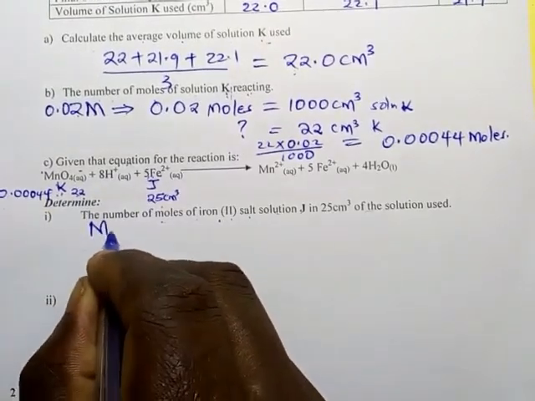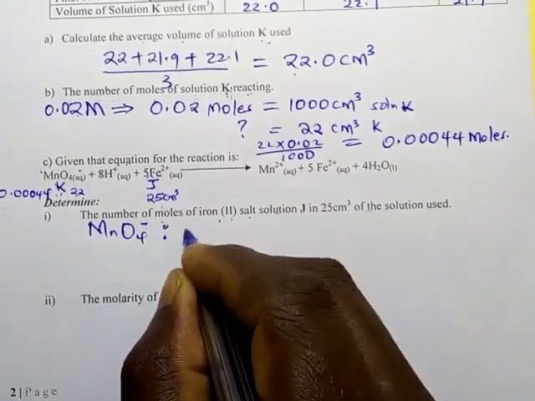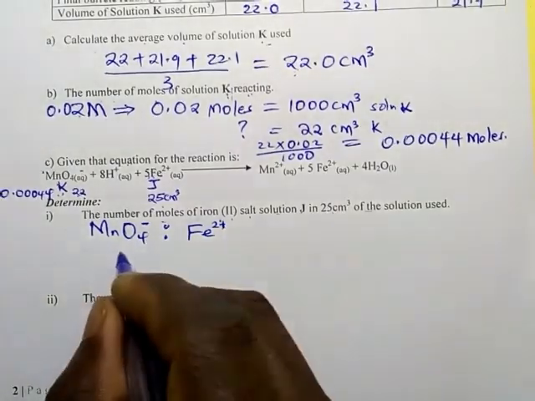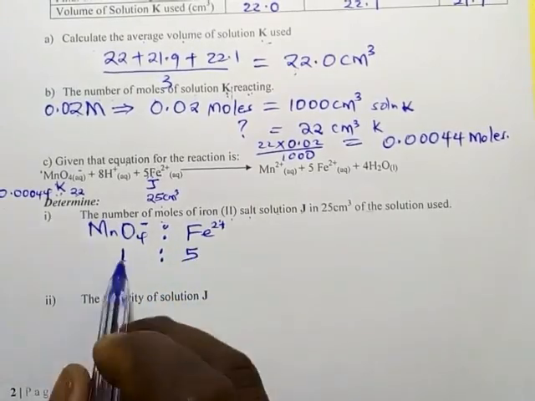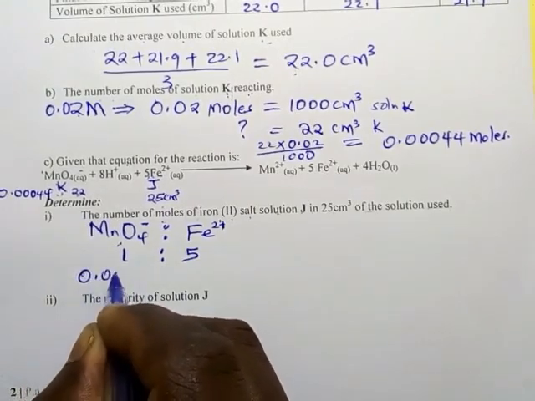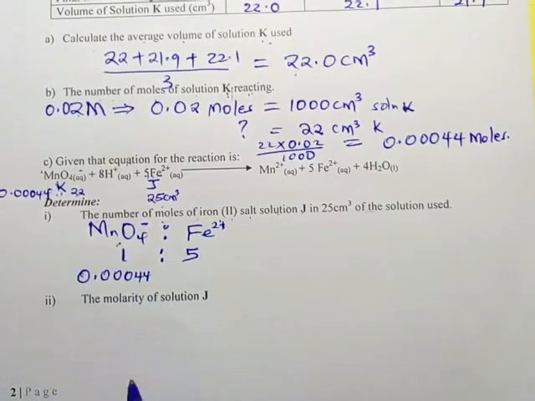So the manganate ion to the iron ion, the ratio is 1 to 5. But we know the number of moles of this, which is 0.00044.